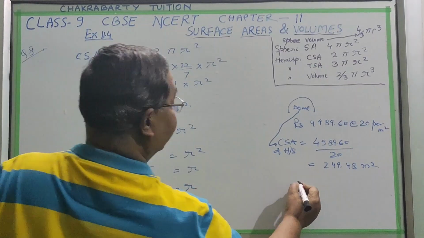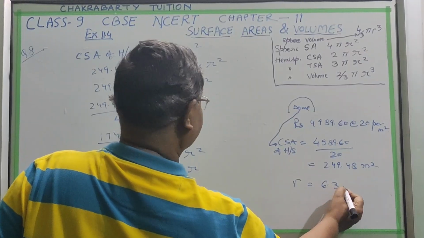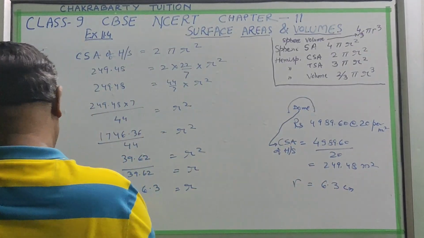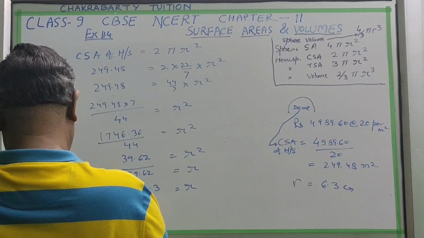So one thing we have found out, r is equal to 6.3 meter. So now we can go to the next part of the question.